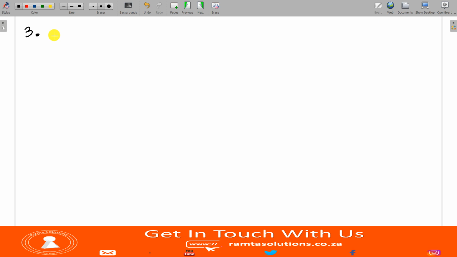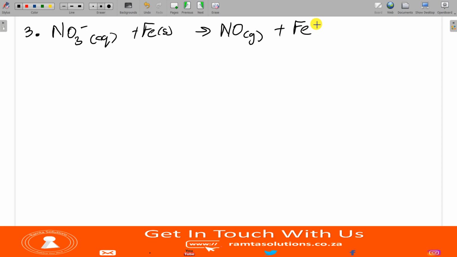Question 3 was NO3 minus in aqueous phase plus Fe solid will give us NO in gaseous phase plus Fe 2 plus in aqueous phase. So I will begin by balancing the ions, Fe. So I see Fe solid will give us Fe 2 plus.